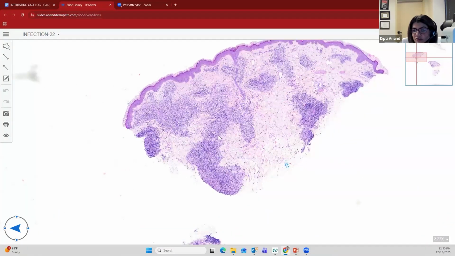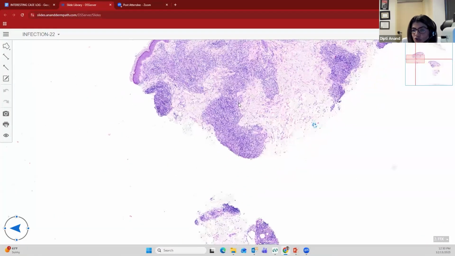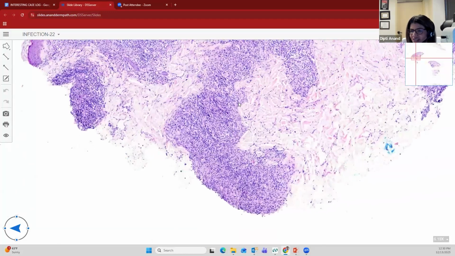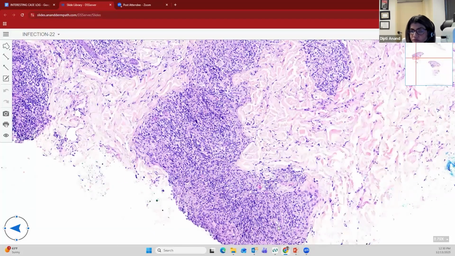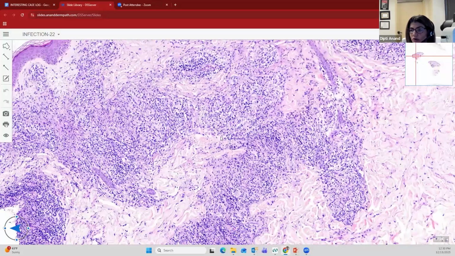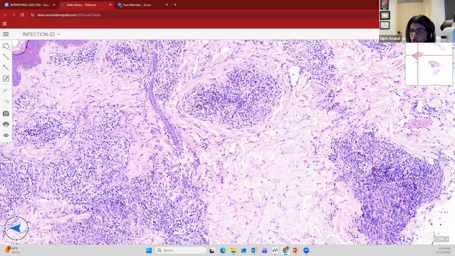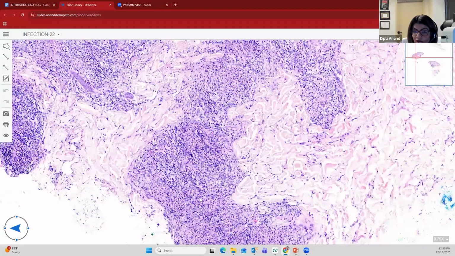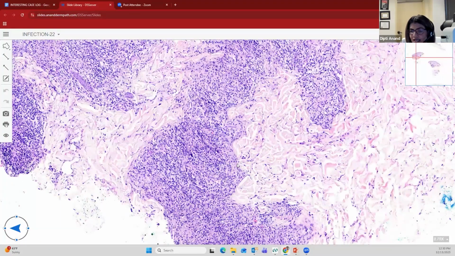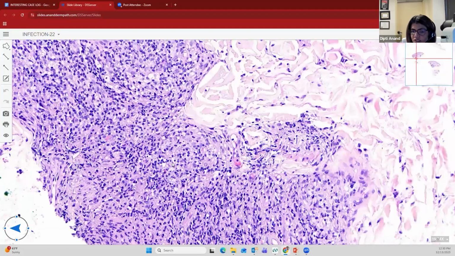Now, the difference from secondary syphilis is that these will basically not have that neutrophilic extravasation, very rarely, and they will certainly not contain plasma cells. Also, the presence of perineural inflammation, which we do not see in this biopsy, is a really good hint. So if you see inflammation of a granuloma around a nerve, that's very indicative of tuberculoid leprosy.